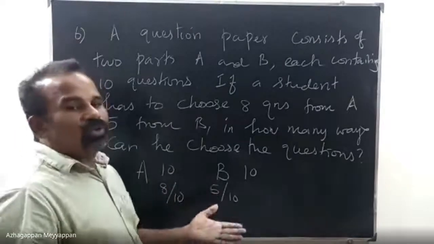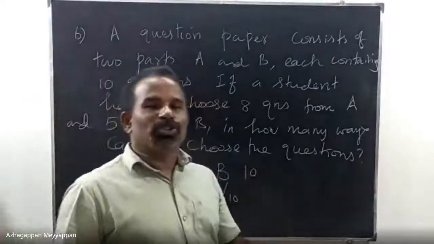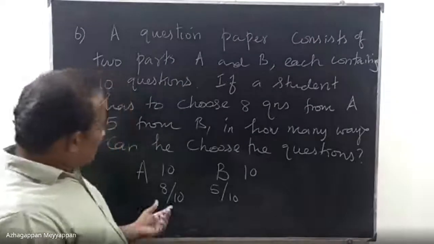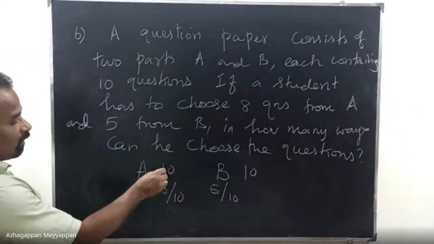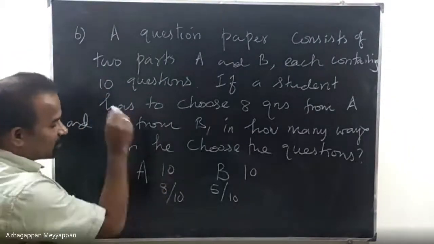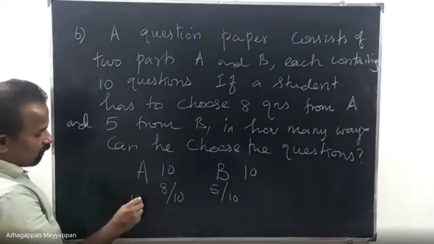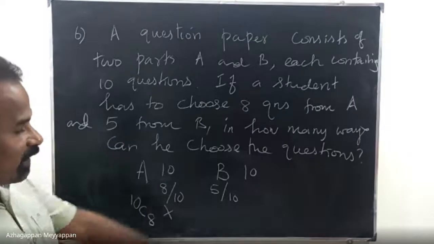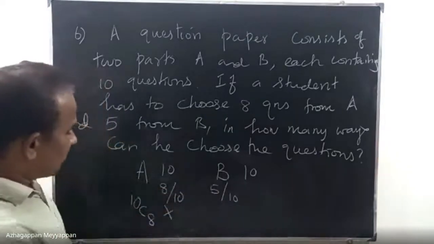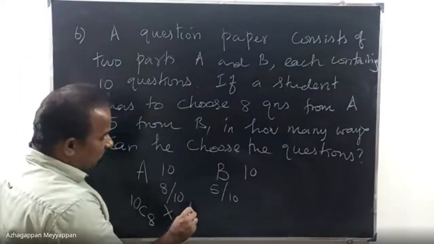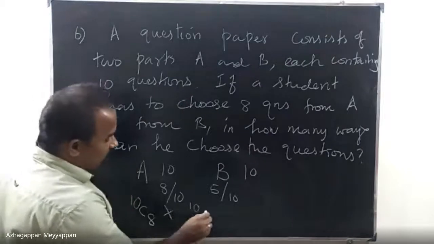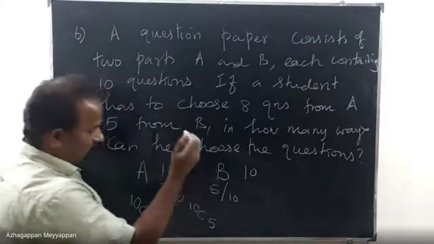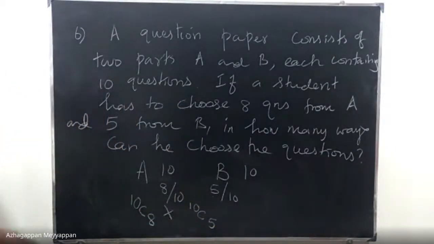Question 1 and 2 are the same as question 2 and 1. Therefore, 10C8 into, similarly we can select 5 questions out of 10 questions, therefore 10C5. 10C8 into 10C5.